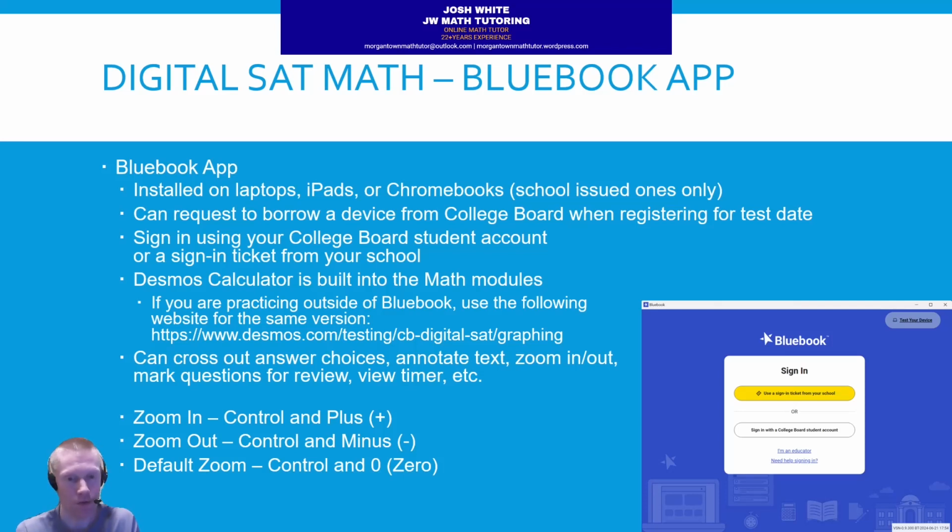So if you do not zoom out to try to fit everything on the screen, then you have to constantly scroll up and scroll down, especially if you're going through the process of elimination to try to match and see, okay, which of these graphs has a y-intercept of 4? Which of these has a slope of -2 or whatever you're looking for. So zooming in and out can be helpful on maybe one or two questions where you can't see all the answer choices from the default zoom level.